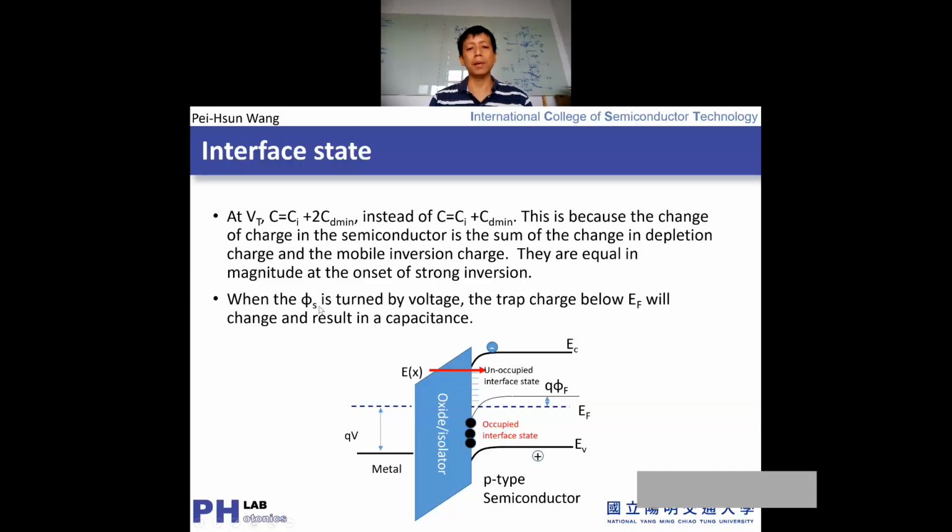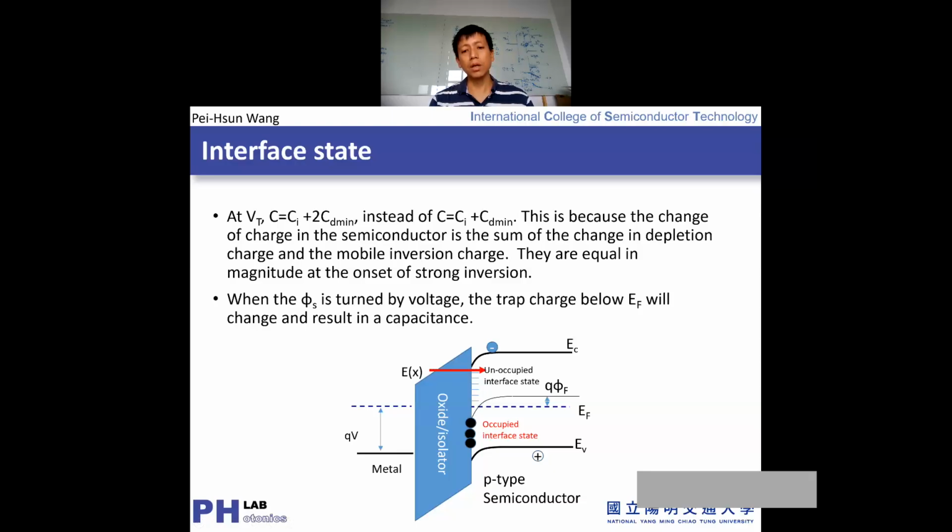Okay. And then also, when the Fermi level is shifted by voltage, the trap is below the Fermi level, and it results in capacitance. Previously we saw the change in accumulation type. You typically will not see this defect there, but later on, when you are working with the accumulation type, as the bands turn further down, we get more trapped charge to form additional capacitance.